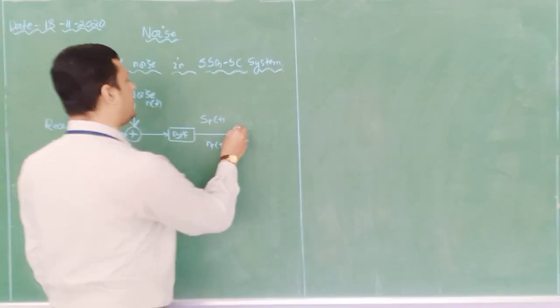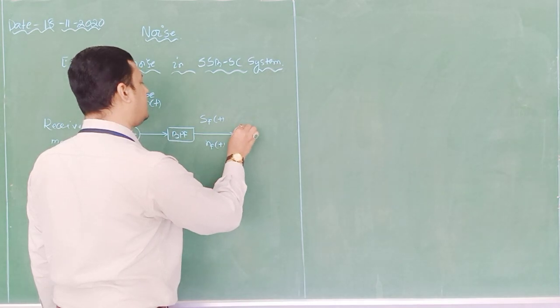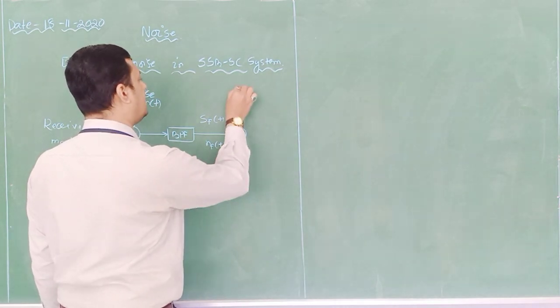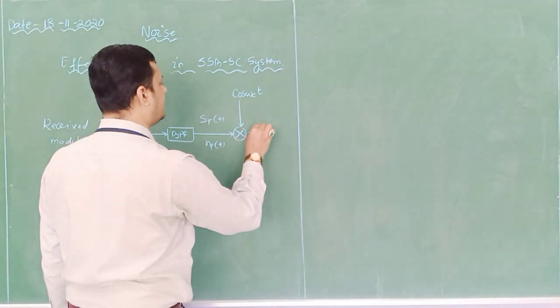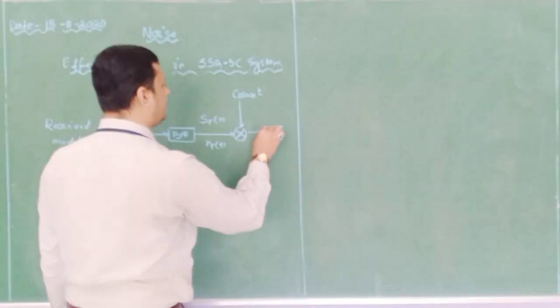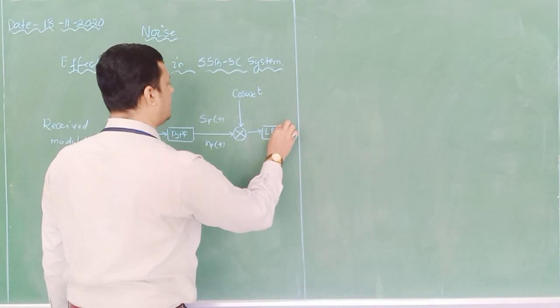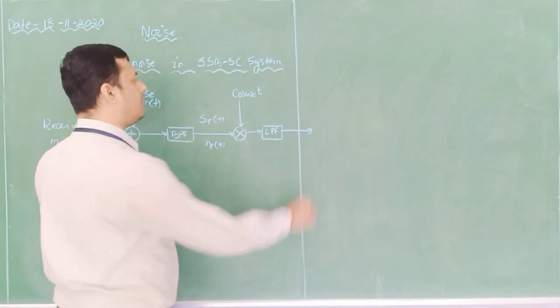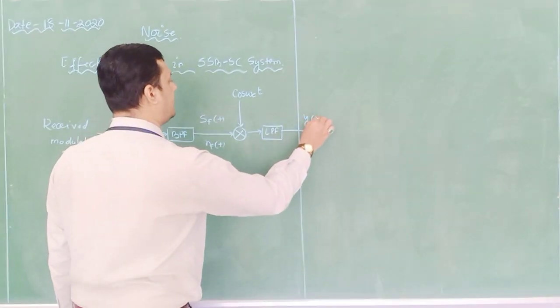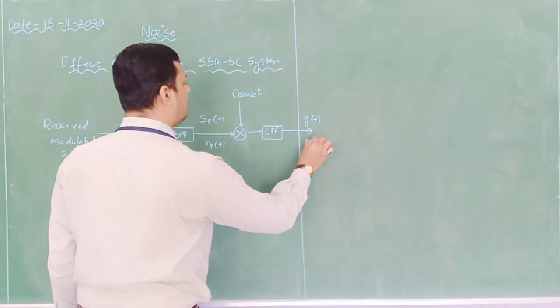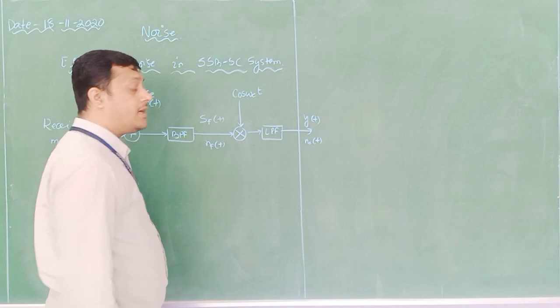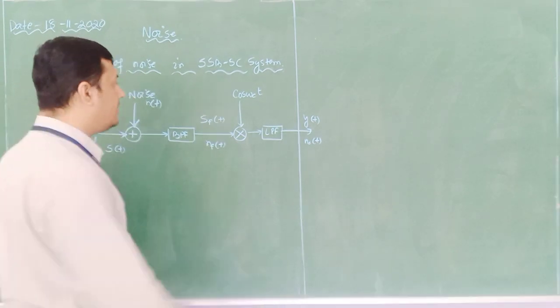So in the demodulator, what happens? A mixer is available in which the carrier component cos omega_c t is mixed with it and passed through a low pass filter. So what will be the output? The signal output is y(t) and the noise output is n_o(t).